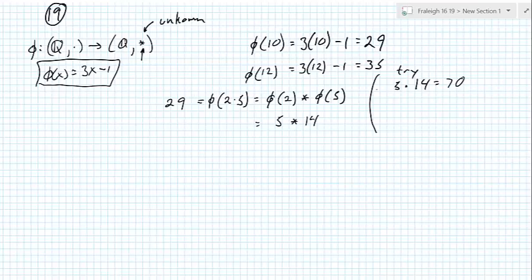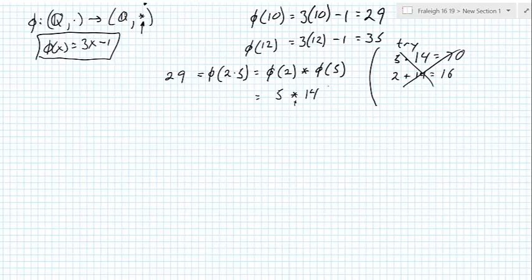Anyway, it's not 29. It doesn't seem very close to 29. We can also try 5 plus 14. That's 19. Geez, that doesn't seem very close to 29 either. It doesn't seem like there's a nice way to adjust it. So those definitely aren't the operations we're talking about for star to make phi an isomorphism.